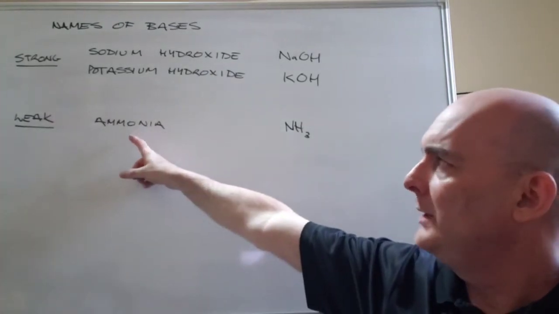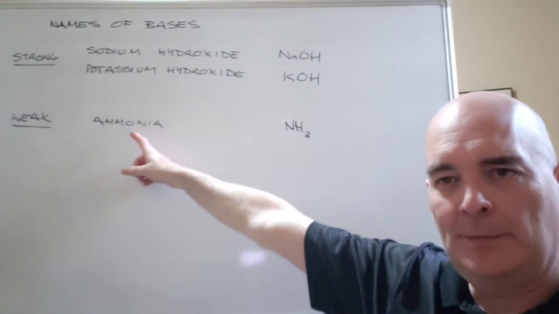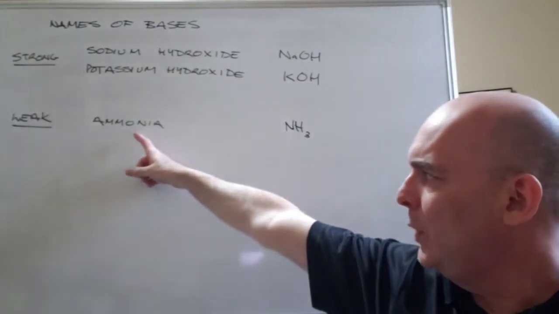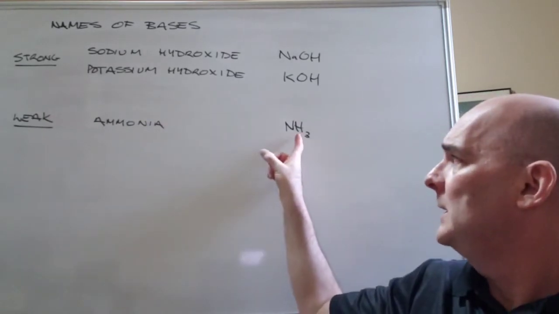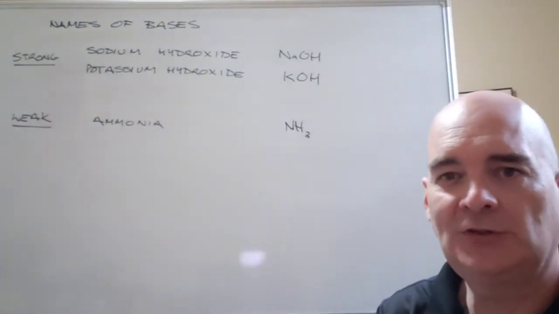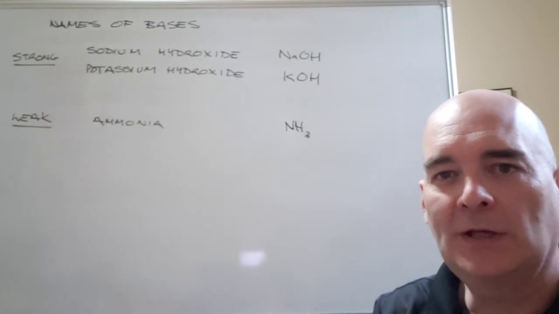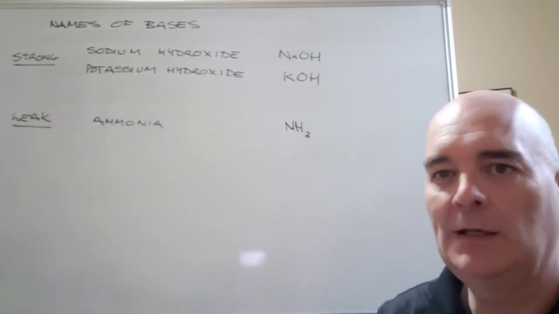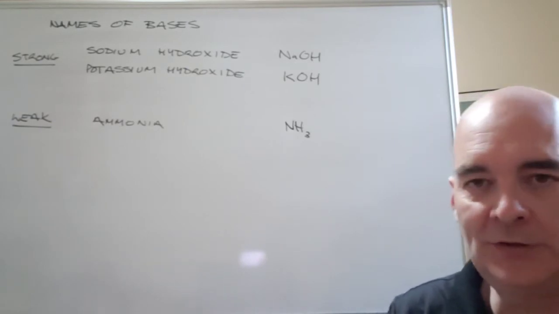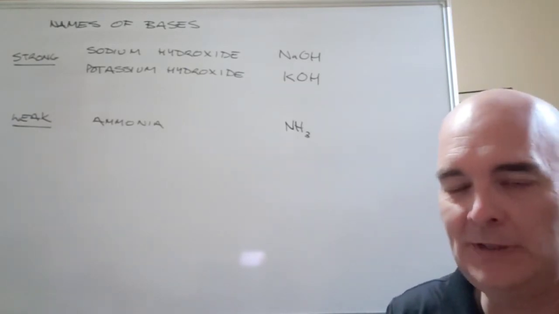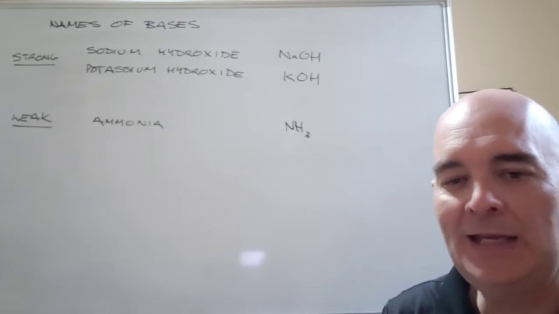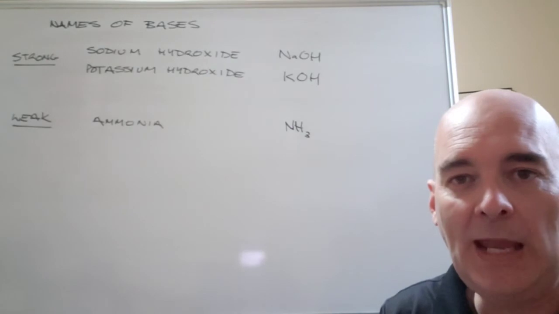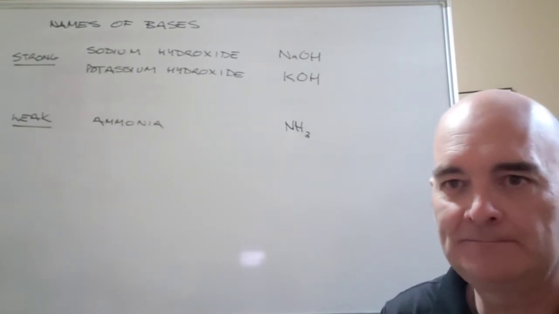And then we have one weak base that props up commonly, and it is ammonia. And ammonia has the formula NH3. Don't get confused about the difference between ammonia, NH3, and ammonium, which we mentioned in an earlier part of this video, is NH4+. Remember, -ium at the end of a word means positive.